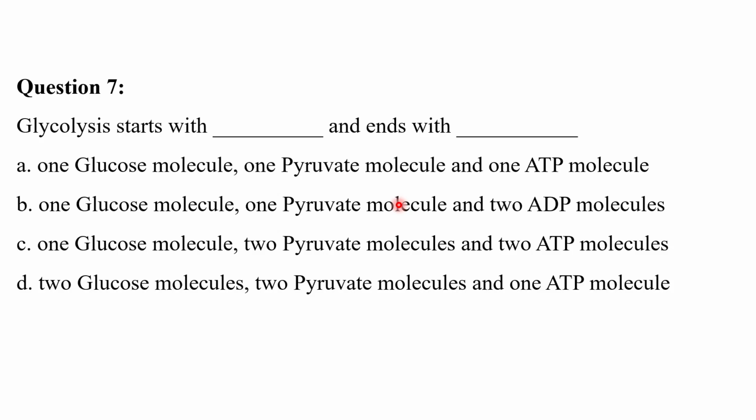Can anyone answer whether it ends with two molecules of pyruvate or one molecule of pyruvate? So I'll give you a hint. Glucose is a 6 carbon molecule and pyruvate is a 3 carbon molecule. So one molecule of glucose will give, yes, two molecules of pyruvate.